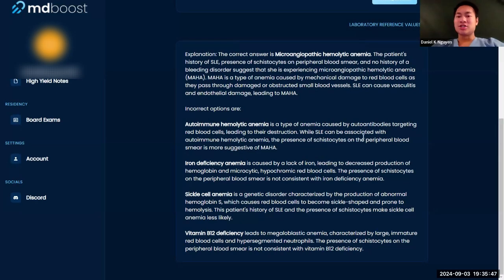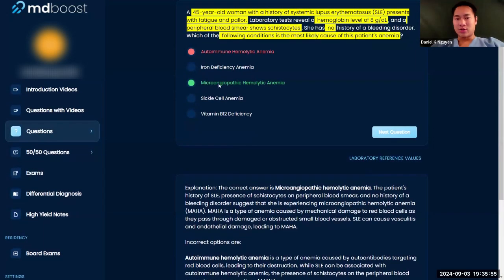So the key is the schistocytes here. SLE or lupus can give you autoimmune hemolytic anemia or microangiopathic hemolytic anemia. The difference is that the latter gives you the schistocytes. Schistocytes are mechanical damage to the red blood cells as they pass through damaged or obstructed small blood vessels.